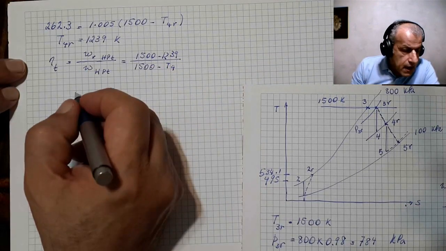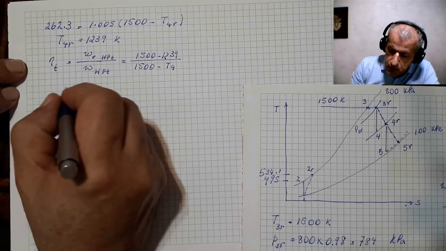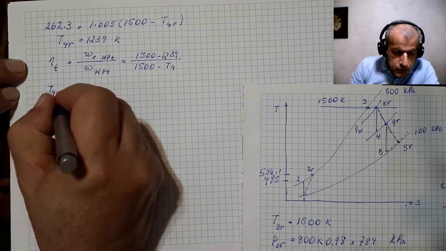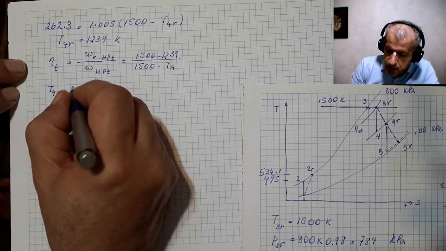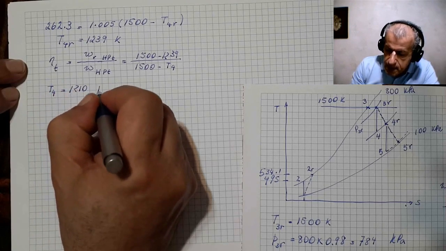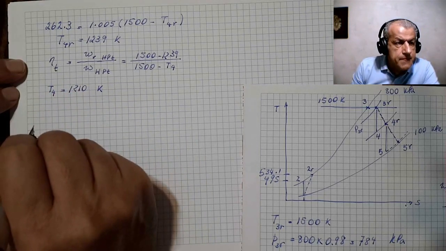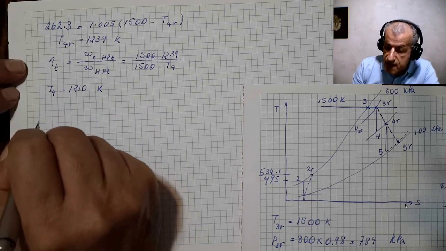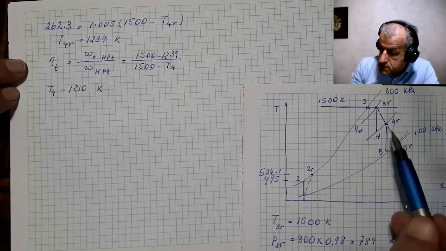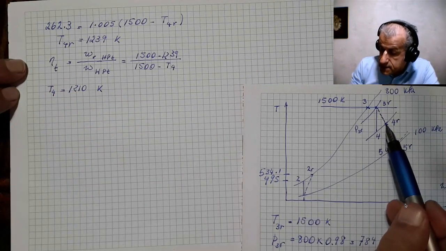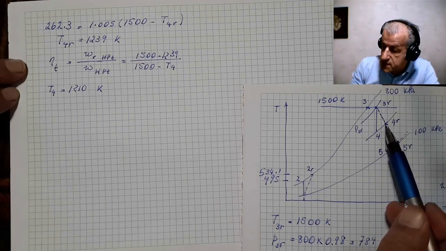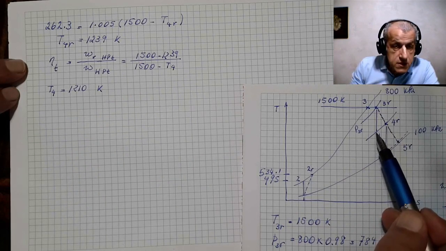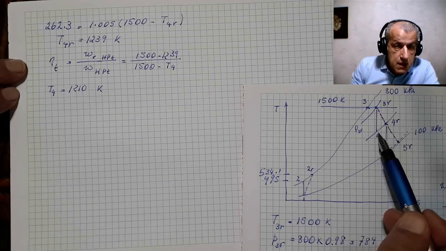And the outcome is T4 equals 1210 kelvins, which is of course less than 1239, which was the real turbine exit temperature. This is 1210, which is slightly lower.